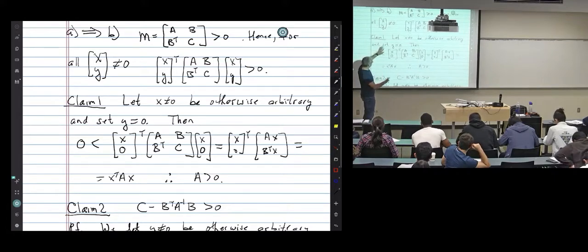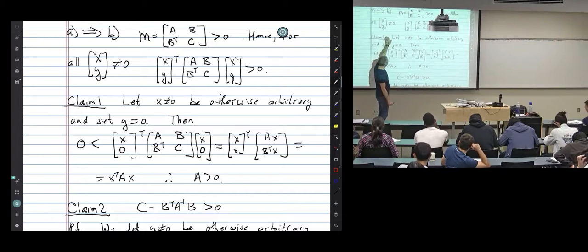Now, here's a weaker thing than the Schur Complement Theorem. If M is positive definite, then A and C each have to be positive definite. How would I do that? I take my x y as x 0, and then the next time I take 0 y. So that's how I get that A and C are positive definite.